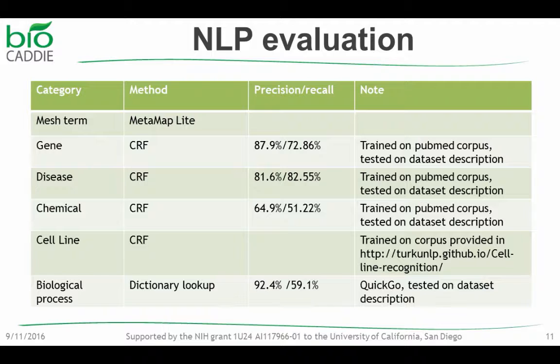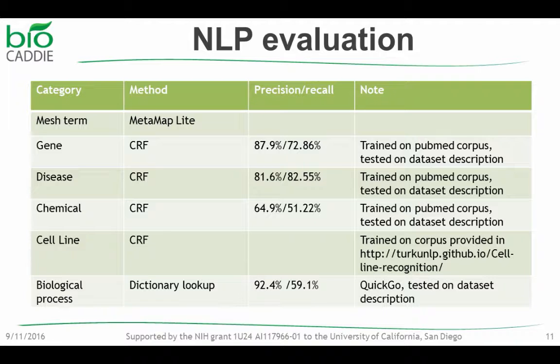So this is a very preliminary evaluation of some different NLP components. For the MeSH terms, we use MetaMap. We haven't evaluated much yet. For gene, disease, chemical, and cell line, we use machine learning-based methods to extract those entities. And the performance right now is not ideal. One of the reasons is that we use the annotated corpus from biomedical literature to train the model.